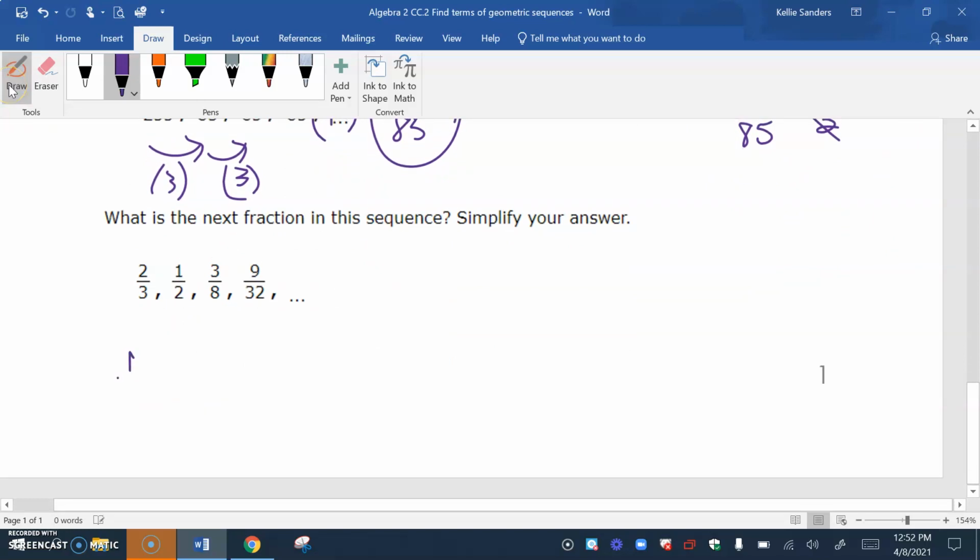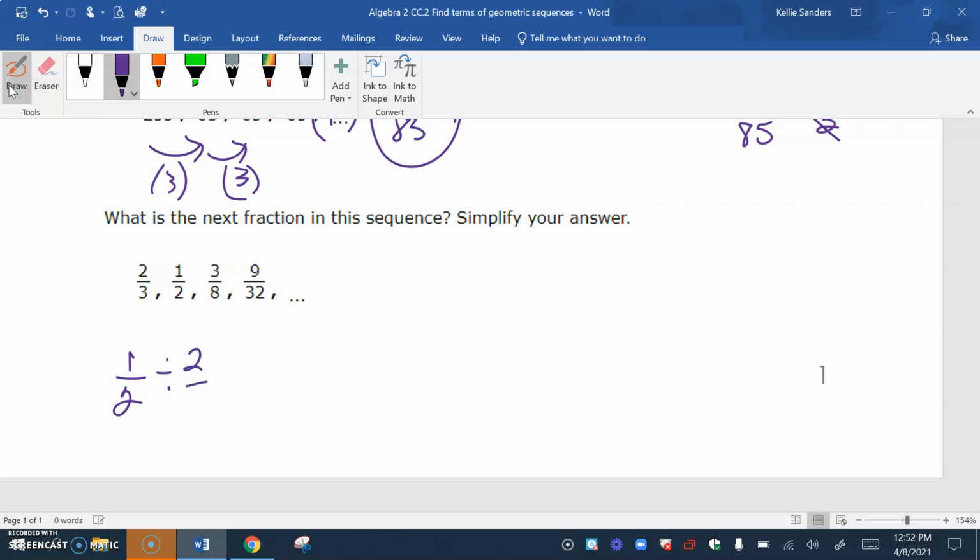1 over 2 divided by 2 over 3 equals 1 over 2 times 3 over 2 equals 3 over 4. So let me show you what's happening. If I take 2 over 3 and I multiply by 3 over 4, those will cancel out.